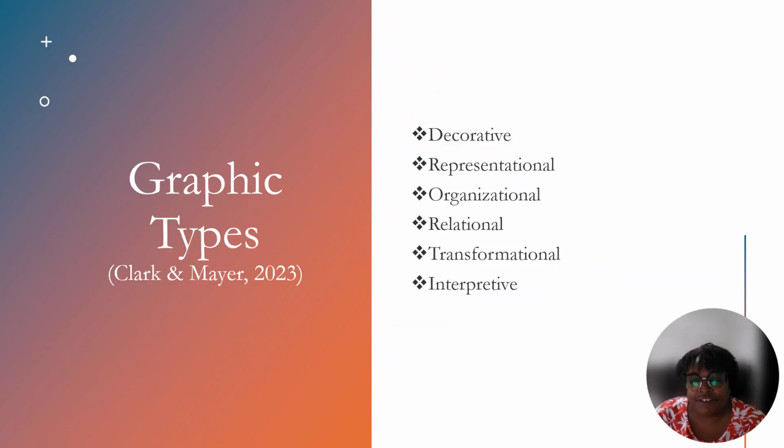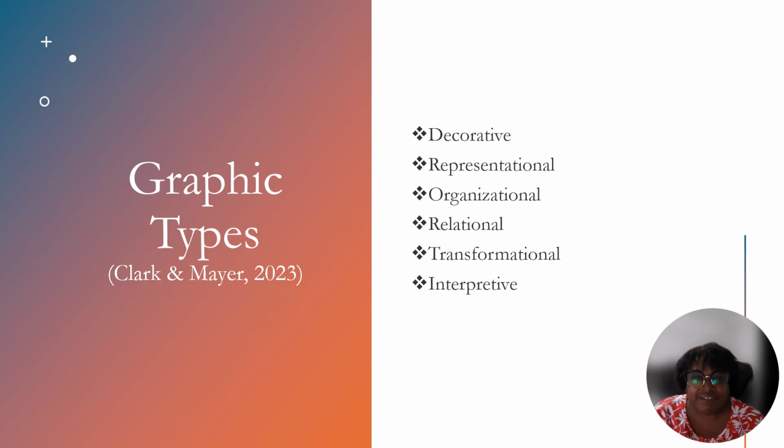So what are the different graphic types? So there are decorative, representational, organizational, relational, transformational, and interpretive. So if we're talking about a decorative graphic, it adds a pleasing appearance or humor, such as an illustration of a chemistry joke at the beginning of a lesson.